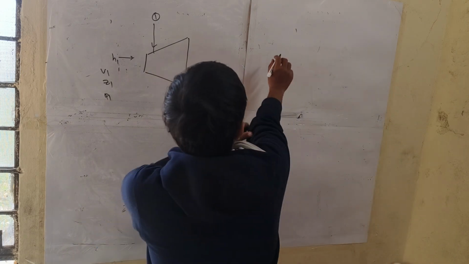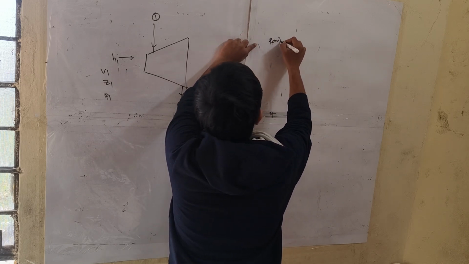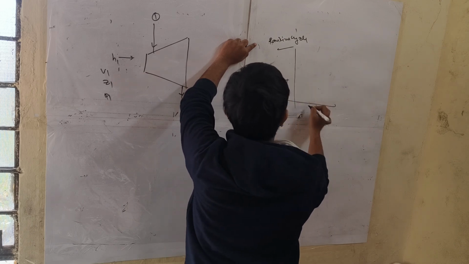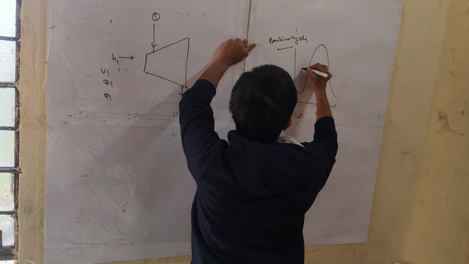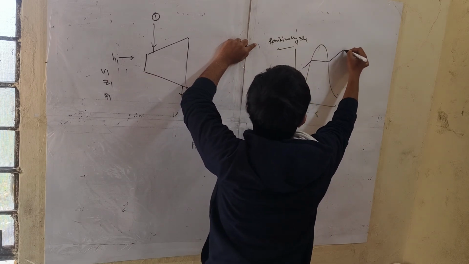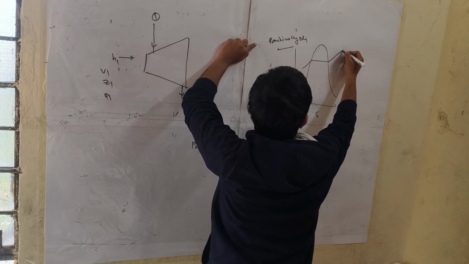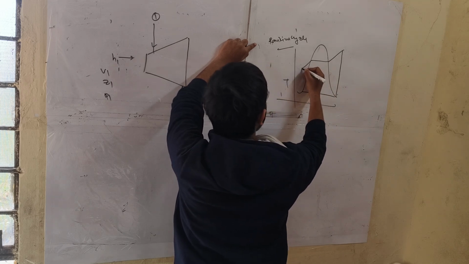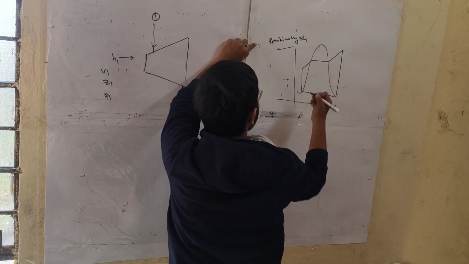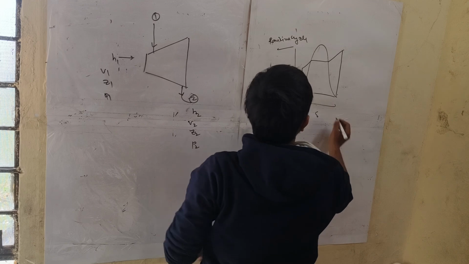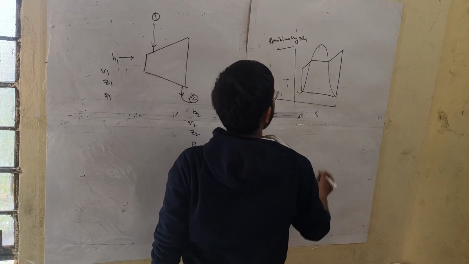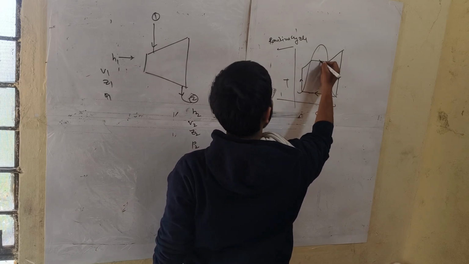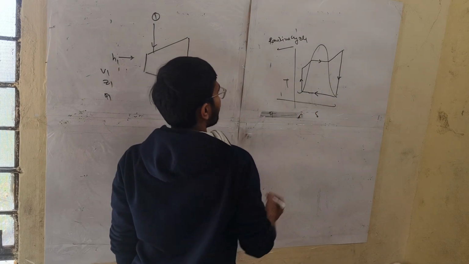What is the Rankine cycle? In a Rankine cycle, this is the TS plot of the Rankine cycle. This is the work done by the turbine. Okay, this is a turbine.